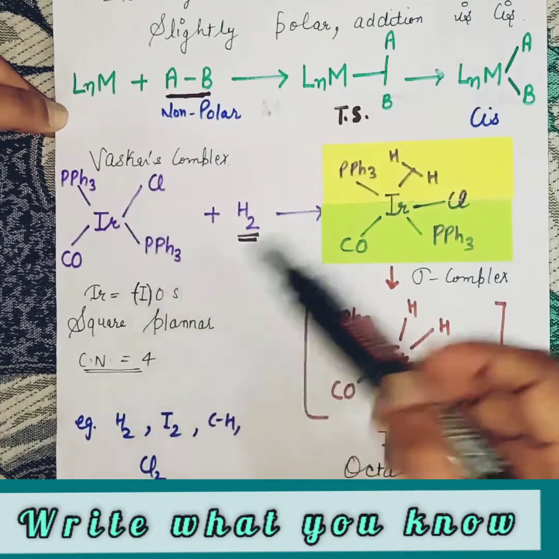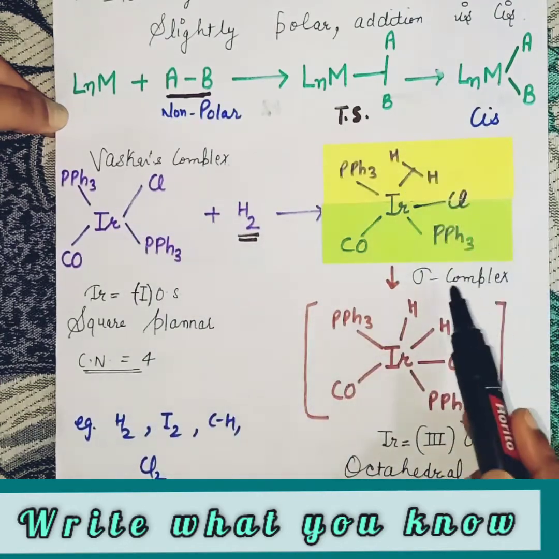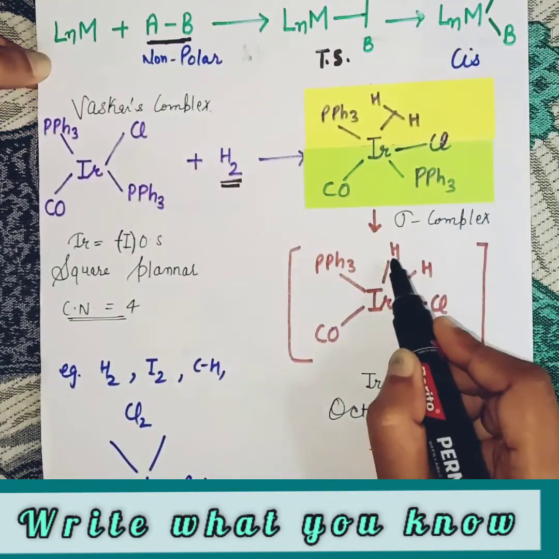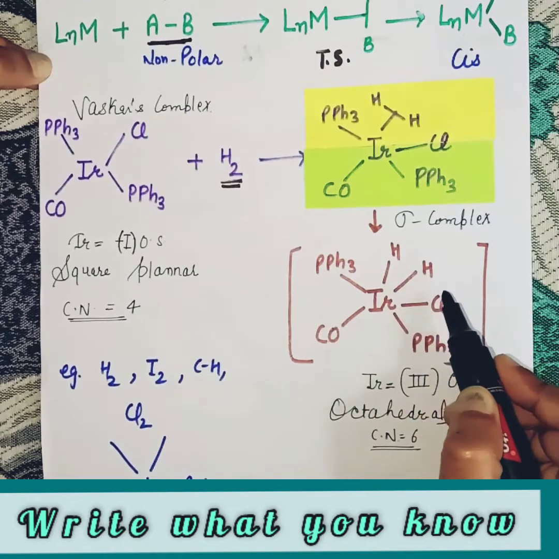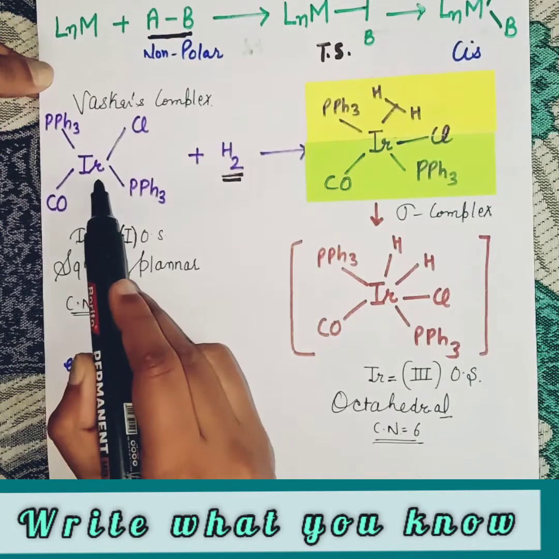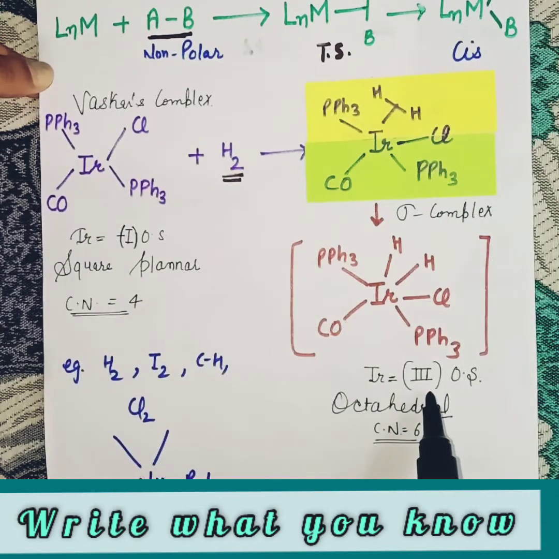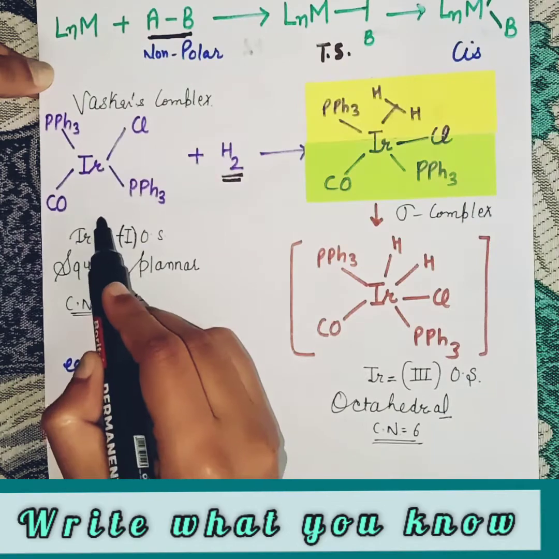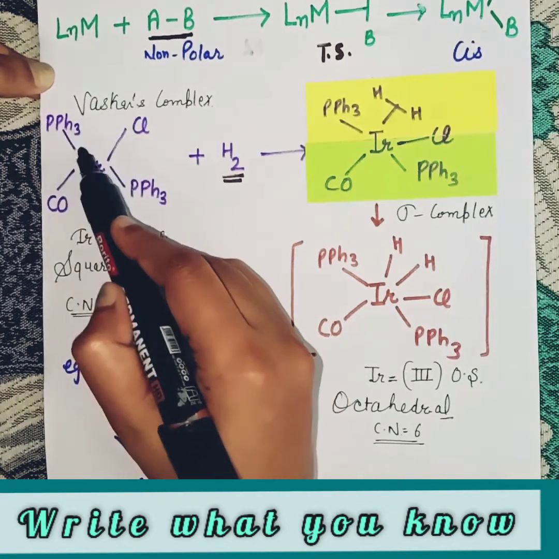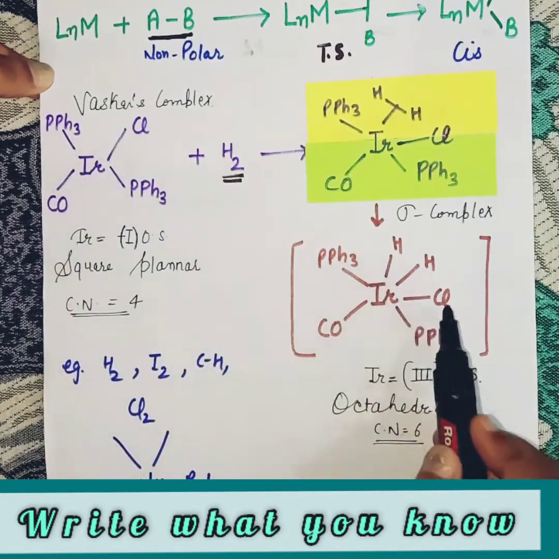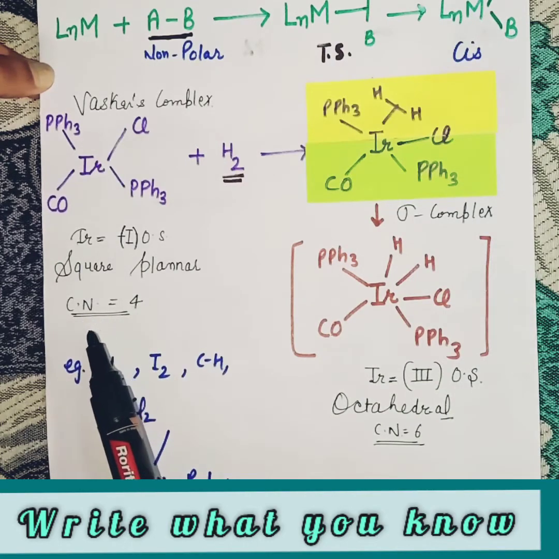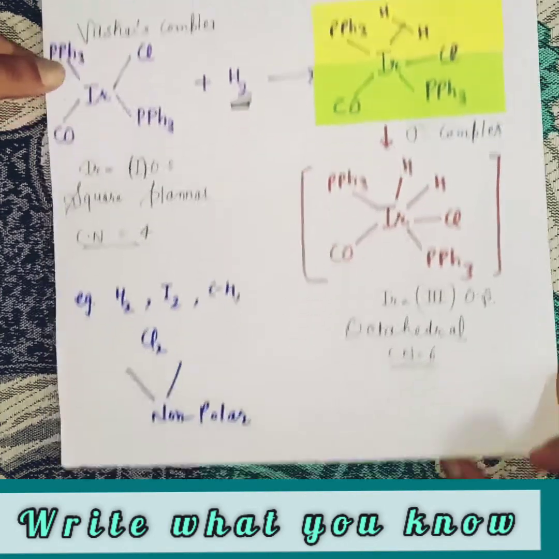First there is a transition state, a sigma complex, and then both H add cis to each other. Here iridium is in the +1 oxidation state, and here iridium is +3. So there is an increase of 2 units in oxidation state, and the coordination number goes from 4 to 6. Both oxidation state and coordination number increase by 2 units, guys.